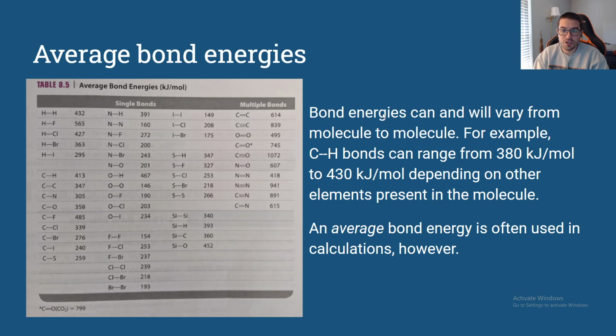So the bond energies can and will vary from molecule to molecule, but for our purposes and for most scientists' purposes, having an average bond energy is usually good enough, okay? And this table here, which you can find in your book, table 8.5, is a big list of average bond energies in kilojoules per mole. This will be useful for us when we do some calculations where you need these bond energies for the homework for this topic.